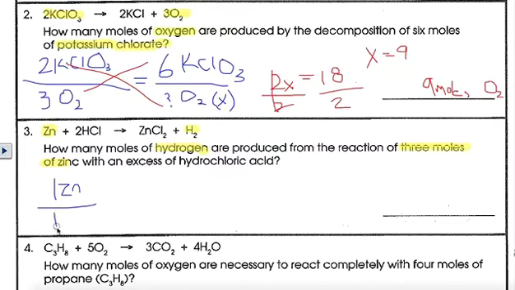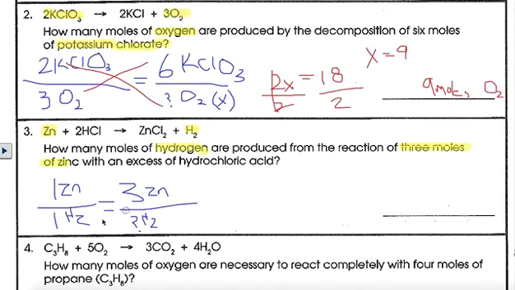over 1 H2. Do I really need to set this up? Probably not. Now if I have 3 Zn, how many H2 do you think I'm going to make? It's 3 because it's a 1-to-1 ratio.